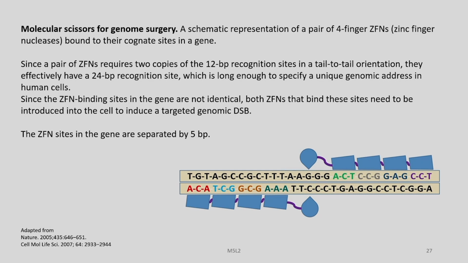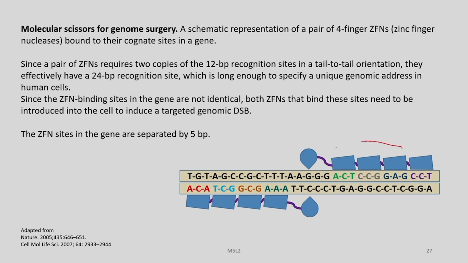A pair of ZFNs require 2 copies of the recognition sites in a tail to tail orientation. They effectively have a 24 base pair recognition site for these catalysis to happen, which is long enough to specify a unique genomic address in human cells. So, the off target cleavage is highly reduced due to this long recognition site involvement.